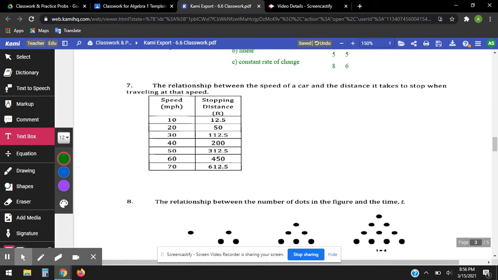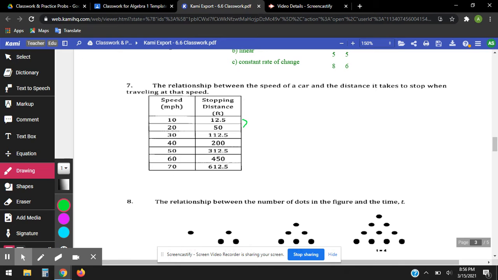All right, 7. 7, 10, 20, 30. Looks like I'm going up. Let's go ahead and just write some stuff in here. 50 minus 12.5. You should be able to see what's going on here. 50 minus 12.5 is 37.5.